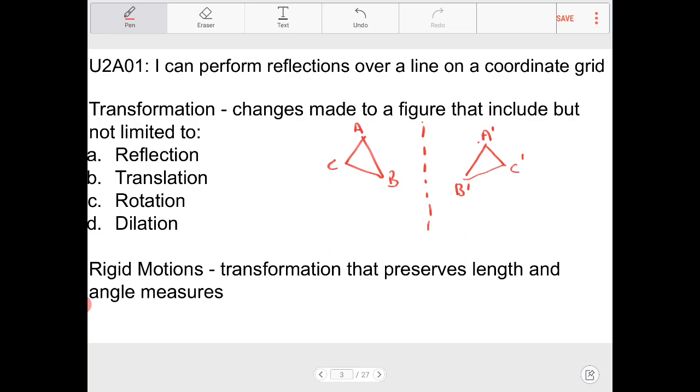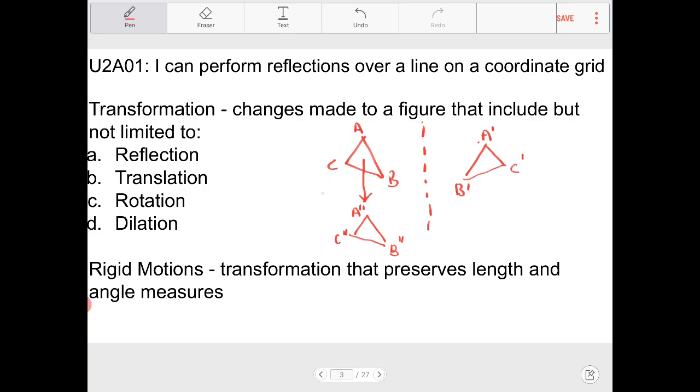So that is something that we consider to be a rigid motion. If we were to take triangle ABC and perform a translation where we're moving it around like so, has the length changed? Absolutely not. The length of this has not changed.